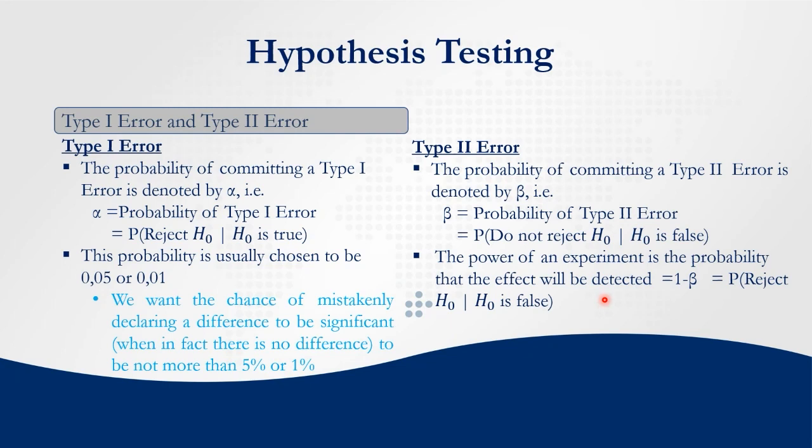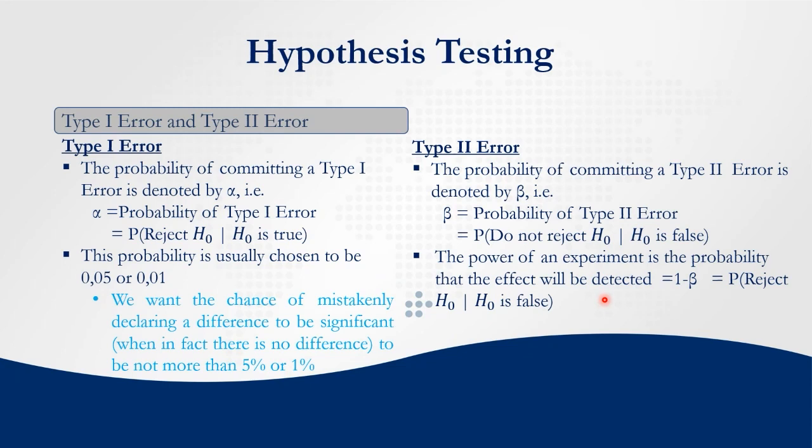If we had the opportunity to give the treatment to all the patients, we would be able to say whether the two treatments are the same or they differ. So the truth is there. It's just that we're not able to get to it because of the size of the population.